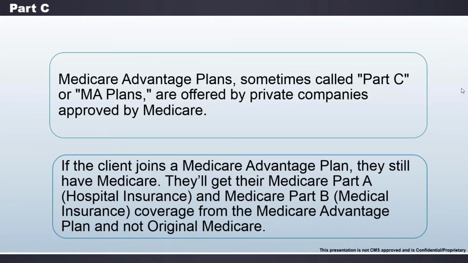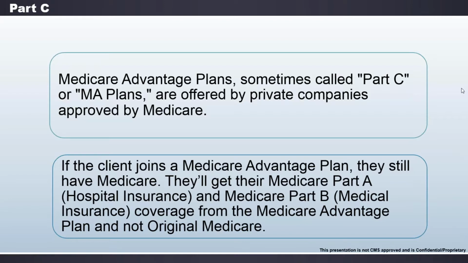So you have your Medicare Part C, your Medicare Advantage plans, sometimes called Part C or MA plans. They're offered by private insurance companies approved by Medicare. If the client joins a Medicare Advantage plan, they still have Medicare.